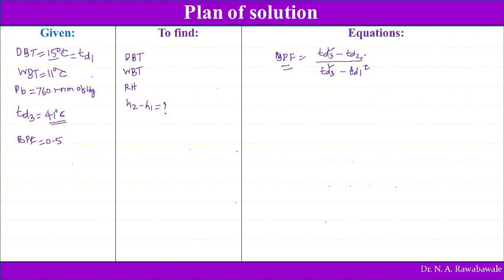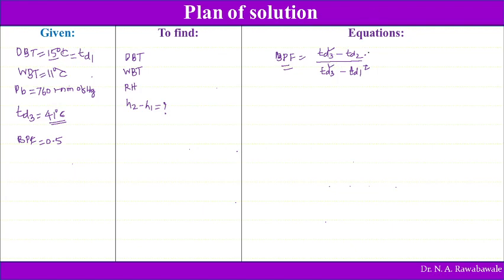So only the dry bulb temperature can be obtained directly. Once we know the dry bulb temperature of air leaving, then we can find the wet bulb temperature and relative humidity from the psychrometric chart, and the sensible heat can also be obtained from the psychrometric chart.